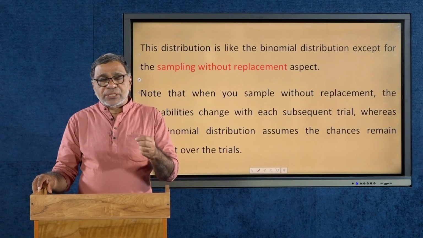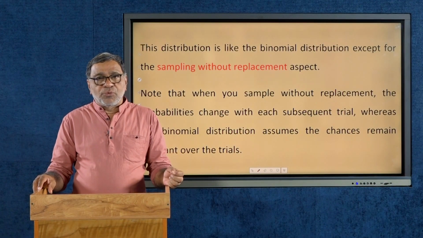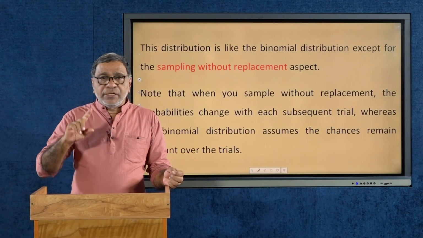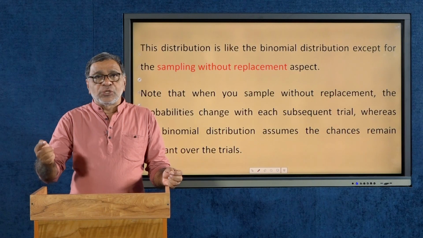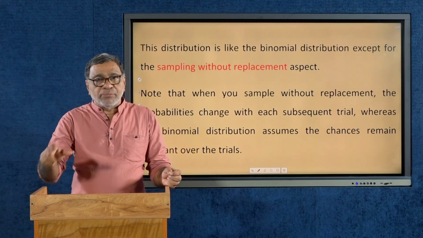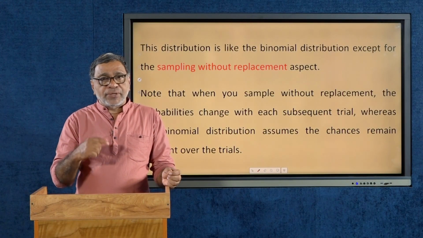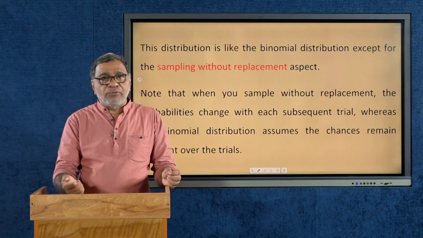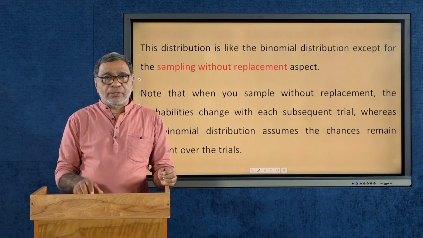Suppose you select an item, and it is a defective one. Then in the remaining population, the number of defectives is reduced by 1, and the total number of items is also reduced by 1. So the probability of getting a defective in the next trial will be different from the probability of getting a defective in the first trial.